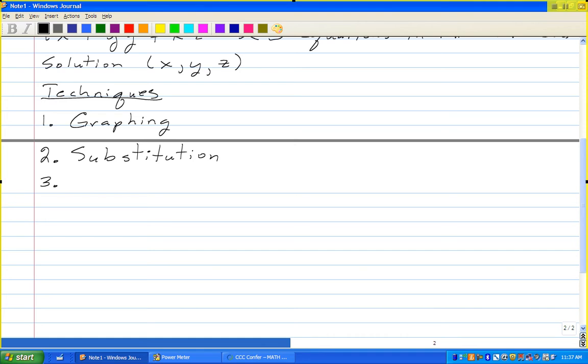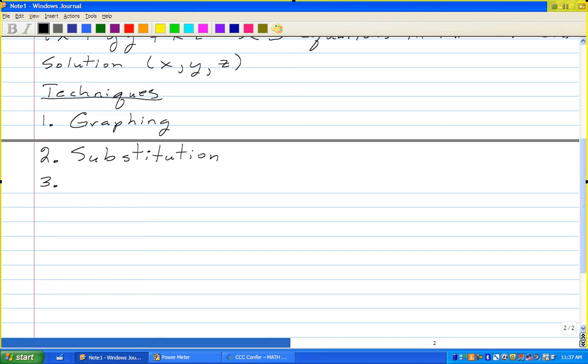Substitution can be used for systems having more than two variables. But as you have more and more variables and more equations, it becomes more and more difficult to use substitution. Not because it's necessarily an incorrect way of doing it.